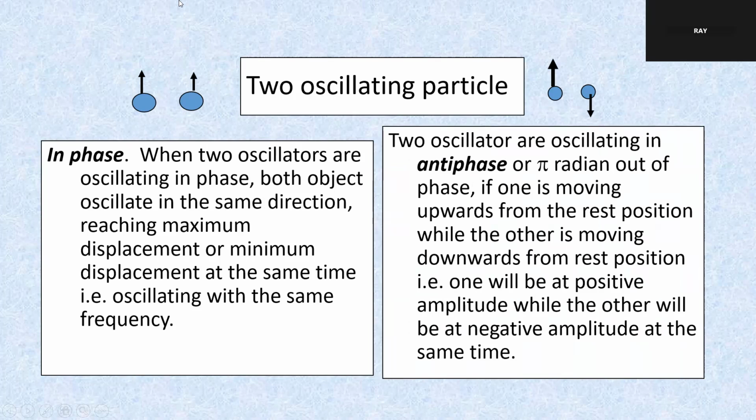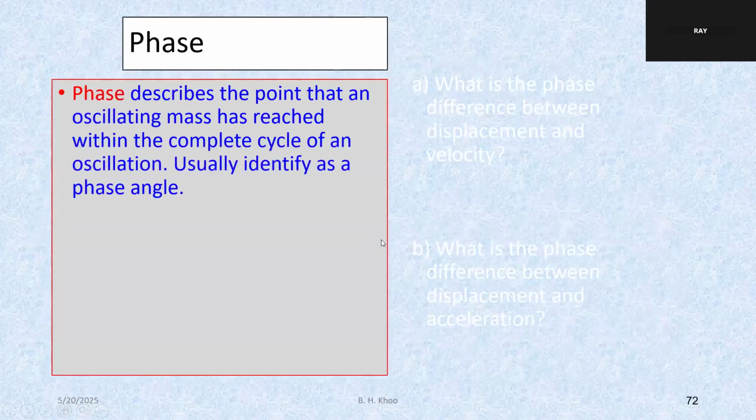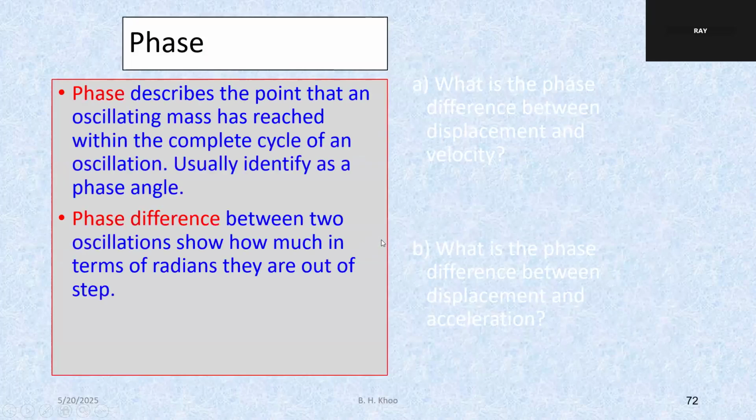Two oscillators oscillating in anti-phase, or 180 degrees out of phase: if one is moving upwards, at the same time one is moving downwards. So this one will reach maximum amplitude while this one reaches minimum amplitude.